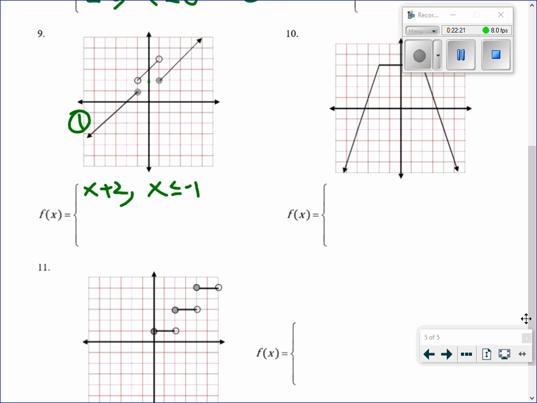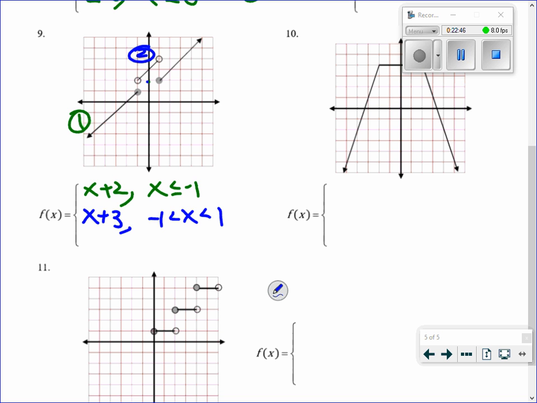So let's look at our second piece, the one in the middle. What is our equation for our line here? X plus, try counting 1, 2, 3. X plus 3, and it'll be from -1 is less than x, less than 1.